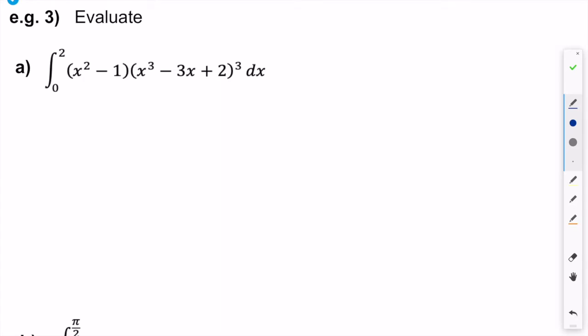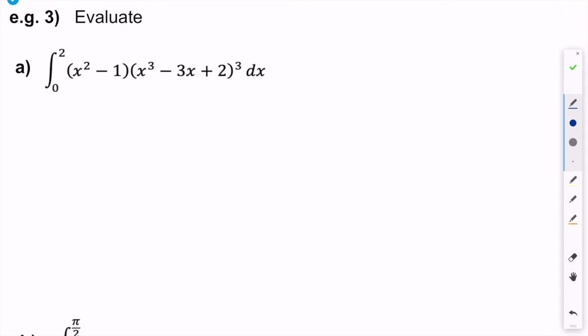Example 3, evaluate. So in this example, we're going to look at definite integrals. Example A here shows a cubic function multiplied by a quadratic function.